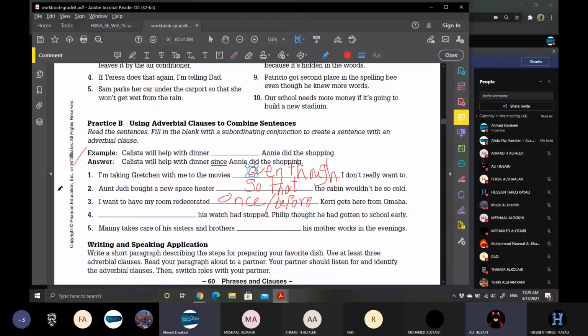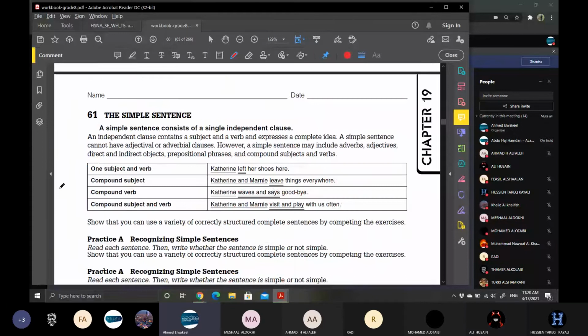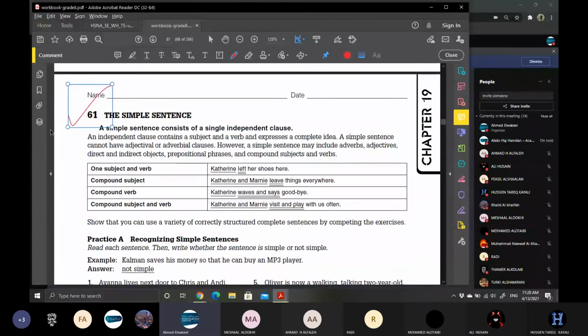In page 61, we speak about the simple sentence. Simply, to speak about a simple sentence, you need to know that it consists of one single independent clause. Independent clause means three things: subject plus verb plus complete information.